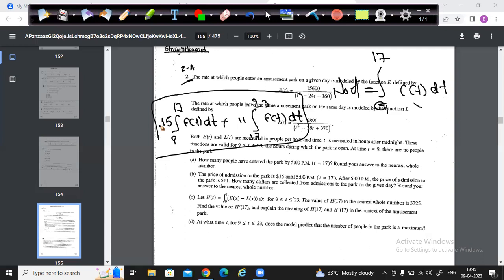Yeah, please use your calculators and get an answer. Let us see if everyone gets the same answer. Please get the answers too.